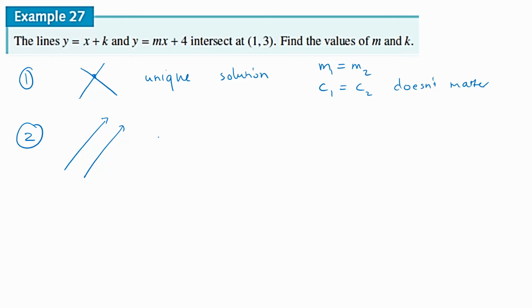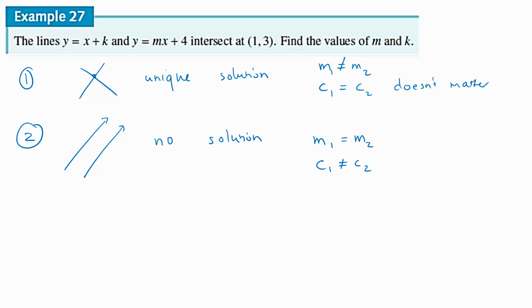So here we go. This is called no solution. When you have no solution, M1 equals M2, C1 can't equal C2. Okay, because they have to have a different y-intercept.